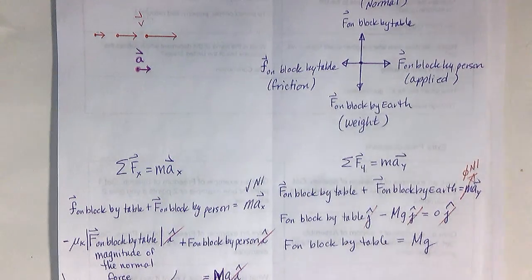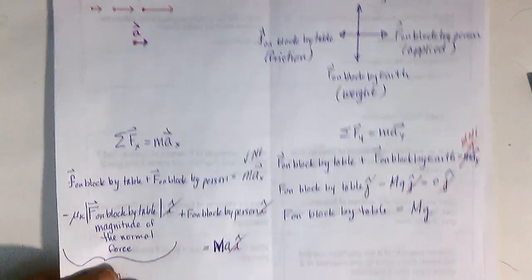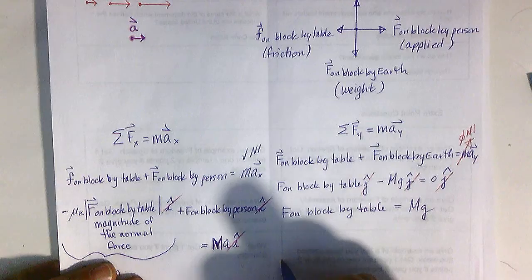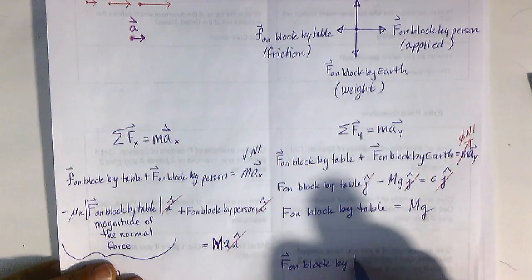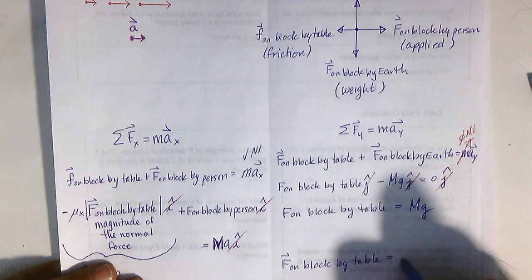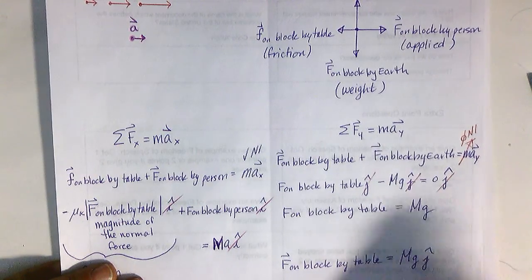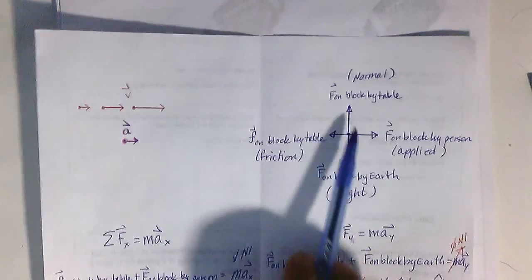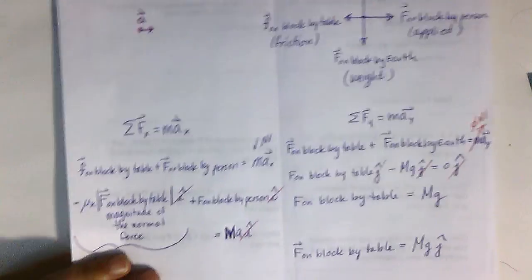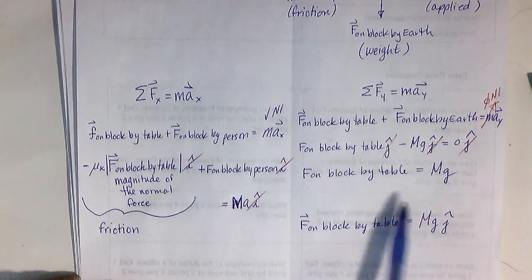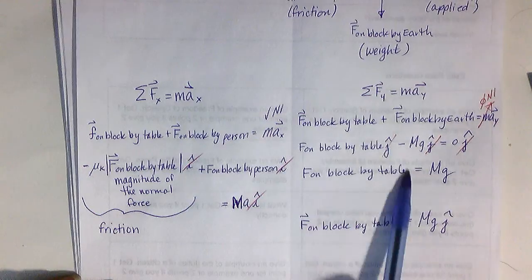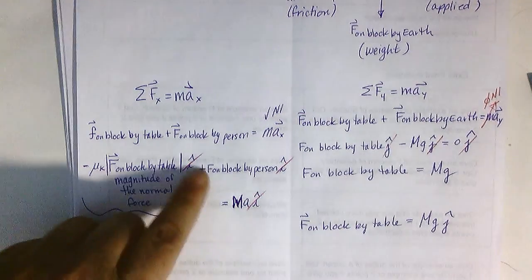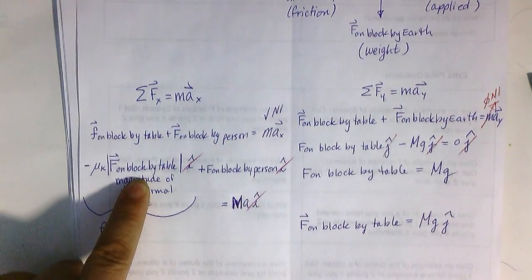Now, I was asked to solve for the normal force, so I can write this in vector form. Force on block by table is equal to mg j hat. And why is it not negative? Because this force is going up. Now, there's a reason why we did it this way first, and that's because I need to substitute this into here.